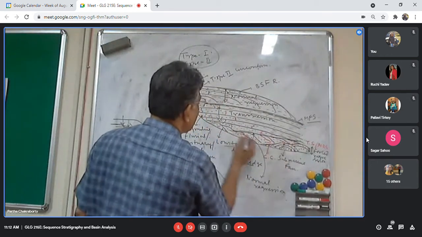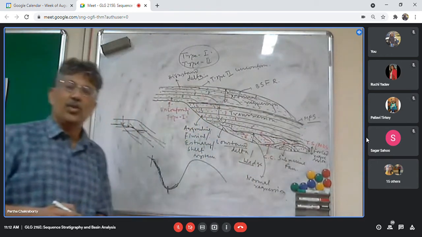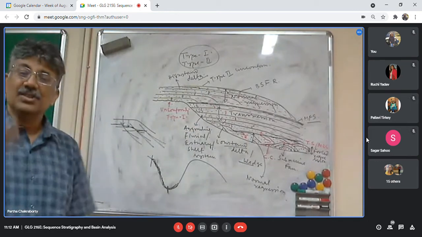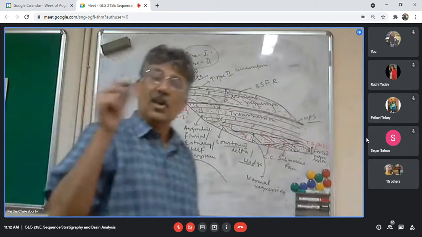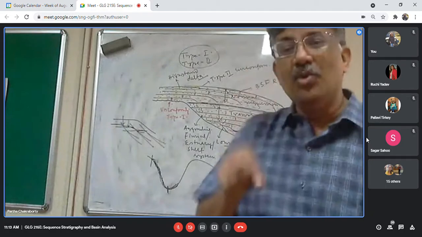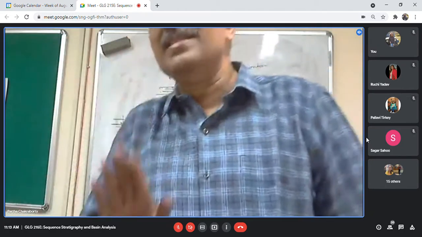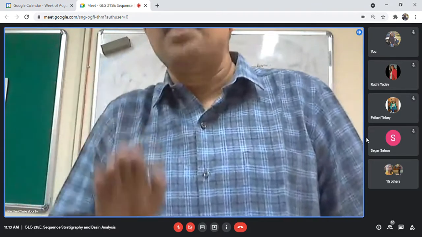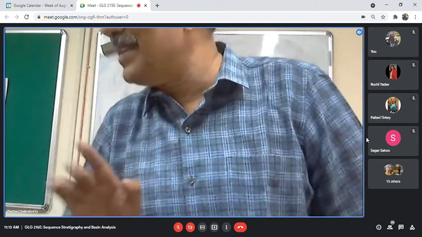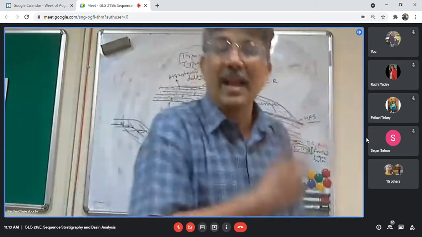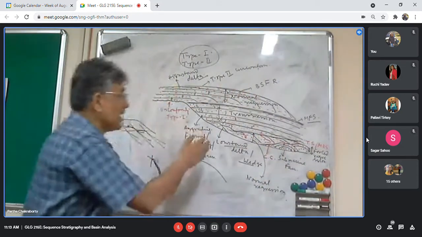These are wedges, these are delta. So the delta will form, the wedges will form, and those will be the lowstand wedges and lowstand delta when there is a slow rise of the base level. That slow rise of the base level is connected to the formation of the lowstand delta and the lowstand wedges.